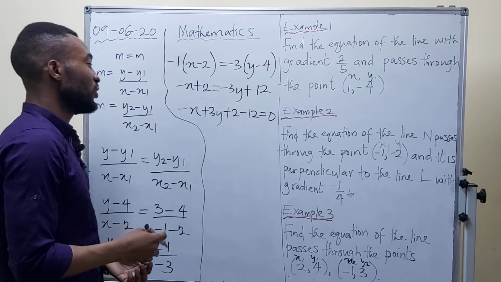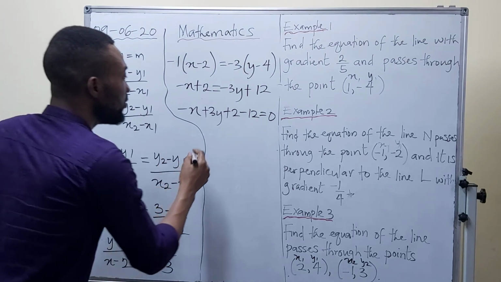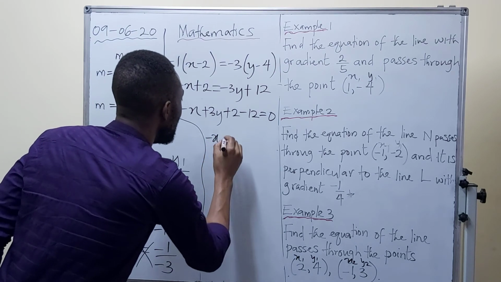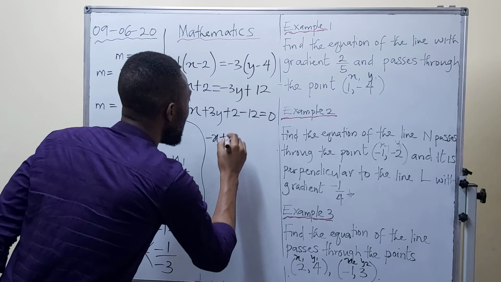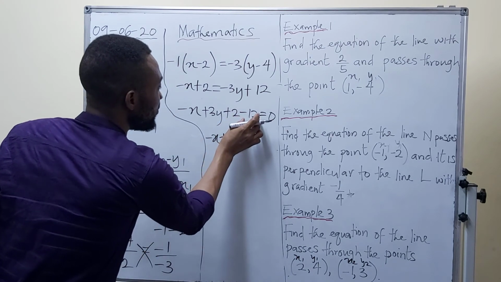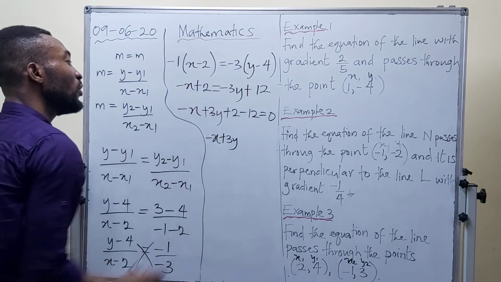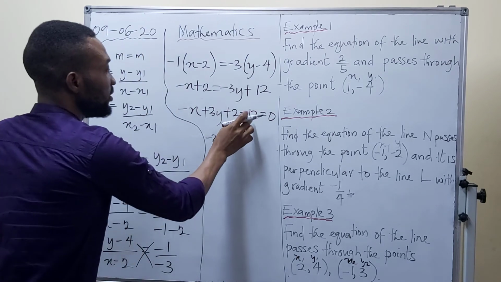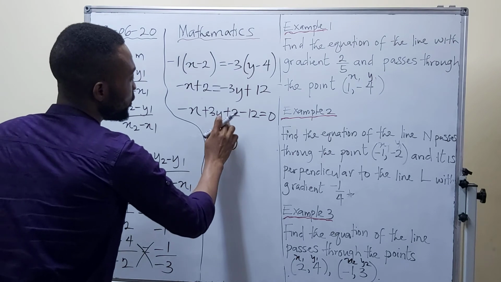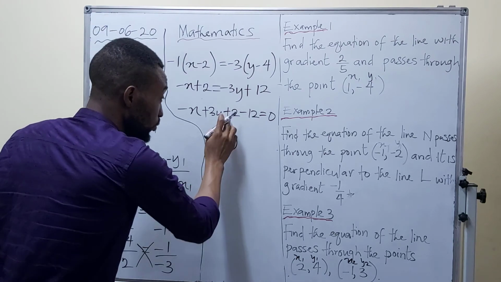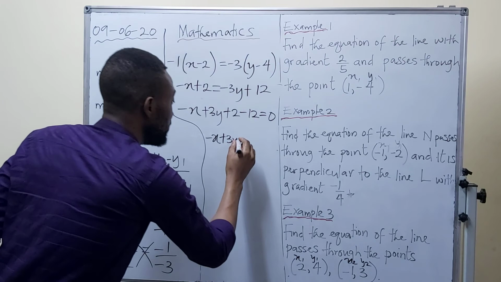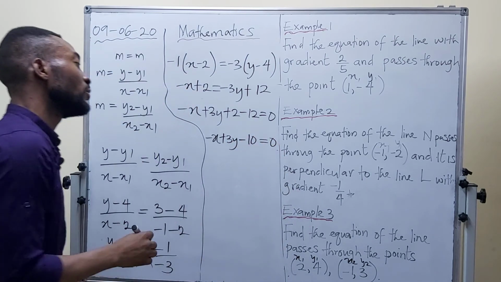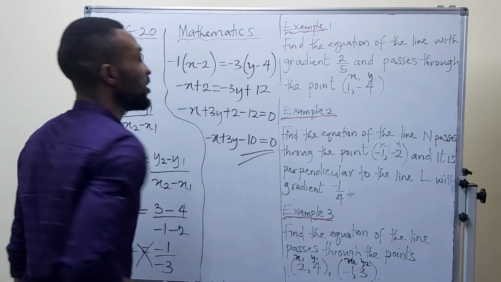Now we can round everything up: minus x plus 3y, plus 2 minus 12. Because 12 is greater than 2, it will always give you minus 10, everything equal to 0. So this is our answer for this.